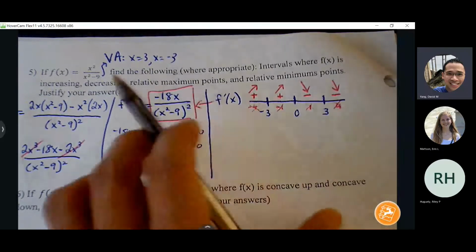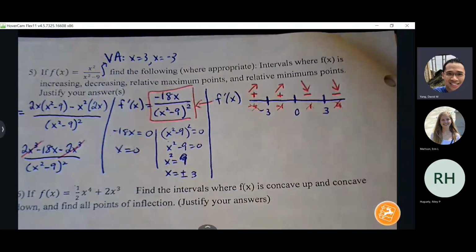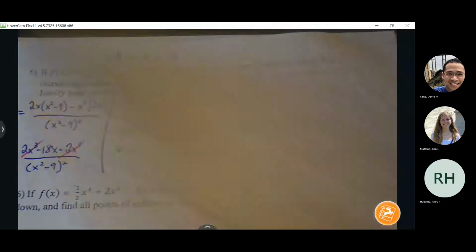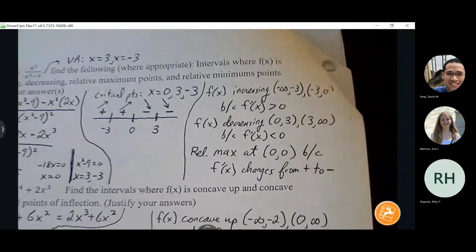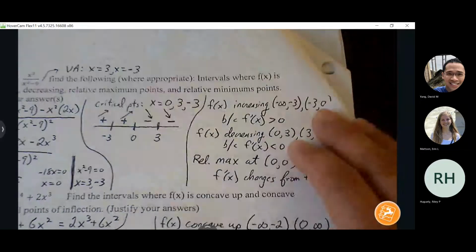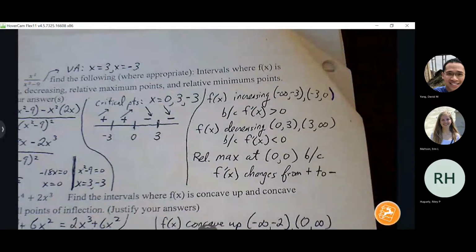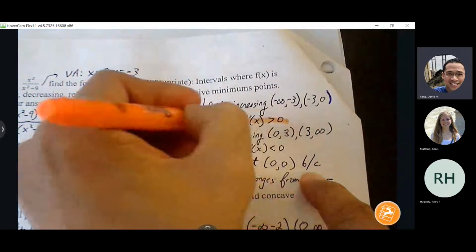So you can plug 0 back into the original function to get the ordered pair, and then you have all your because statements you have to write out as well. Make sure you're spending time writing out these because statements.